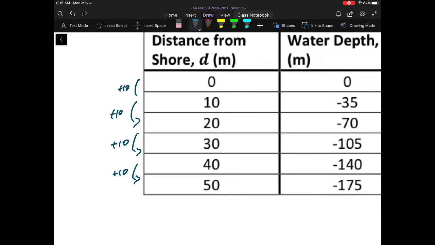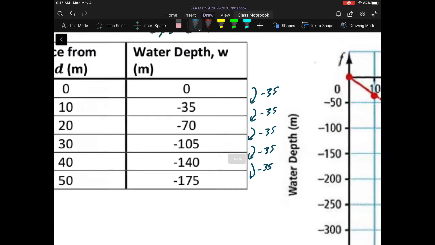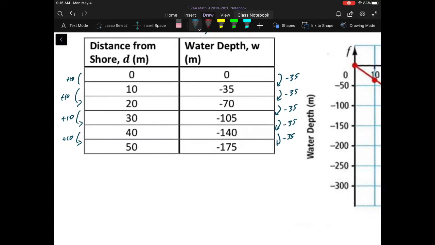And so whatever the change was for our dependent variables, it was just over 1. And so, the fraction over 1, you can just ignore the 1, right? But we always need to have our rate of change as the change in the y values over the change in the x values.